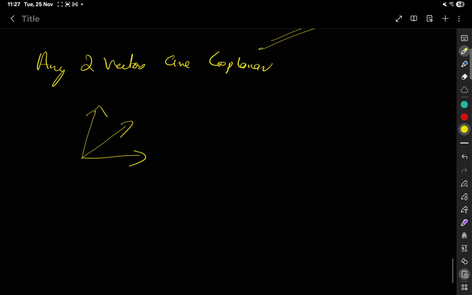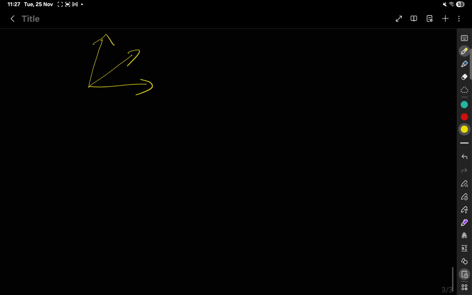Now we will study coplanar vectors again. You see i cap, j cap, k cap. Are they coplanar? Can you make them coplanar by moving j or k? No. i cap, j cap, k cap are not coplanar.